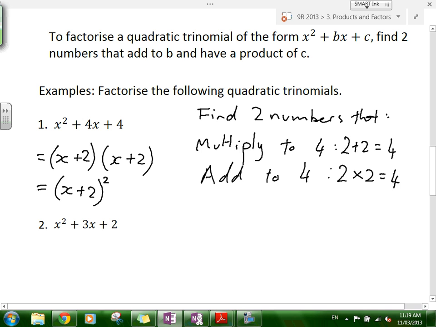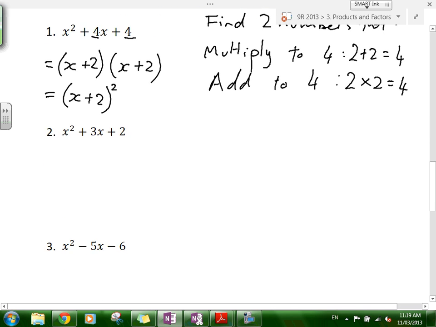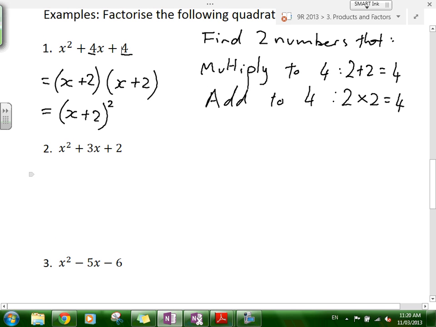That's just a coincidence in the first one, but it just so happens it is. So you find these two numbers: the product has to be this one, the sum has to be this one.